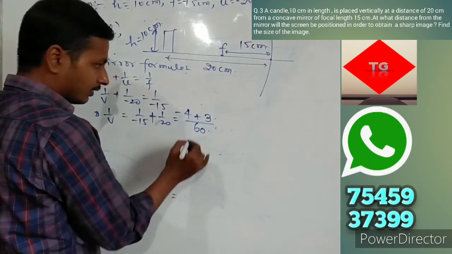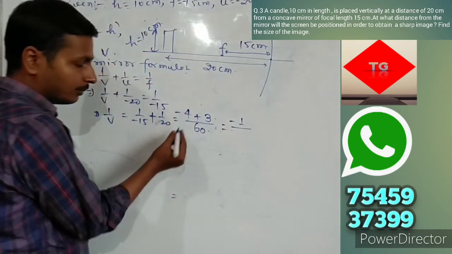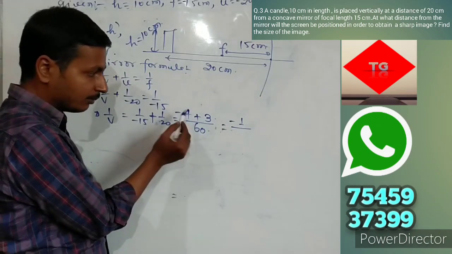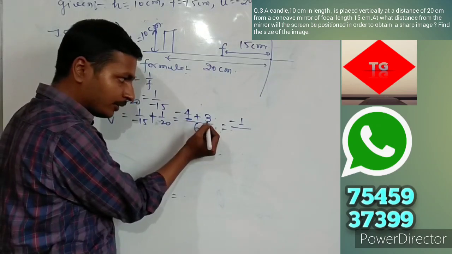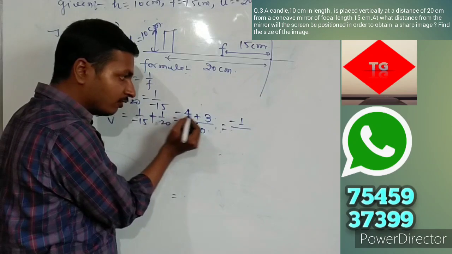After calculating this you will get minus 1, because the magnitude of 4 is greater than 3, so you place the sign of the greater magnitude.